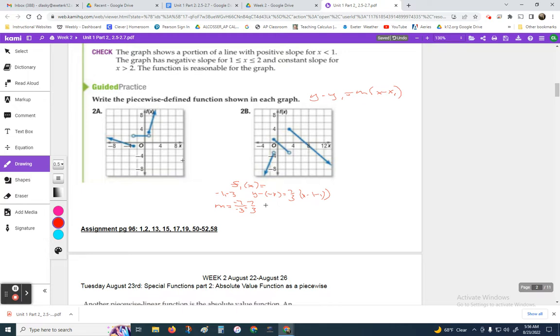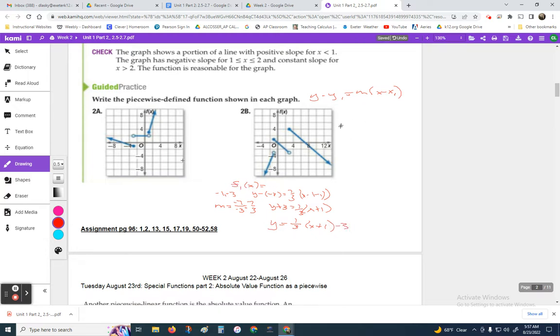So let's clean this up. y plus 3 equals 7/3 x plus 1. So then I get y equals 7/3 x plus 1 minus 3. I'm going to subtract a 3 over, get my 3 over here. So this is my first equation.